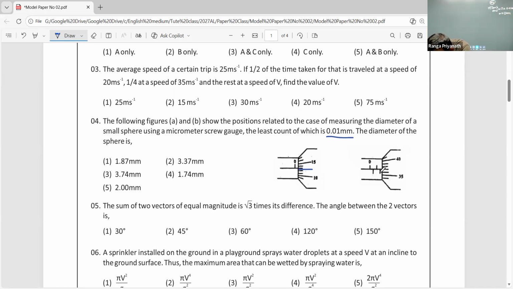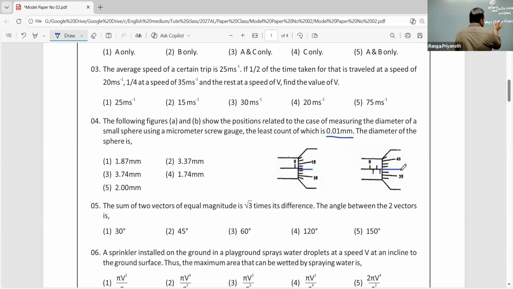Here, the diameter of the sphere is then: the maximum reading that you can read from the main scale is 1.5 millimeter. Then 37 marks coincide with the datum line, the middle line. 37 into the least count.